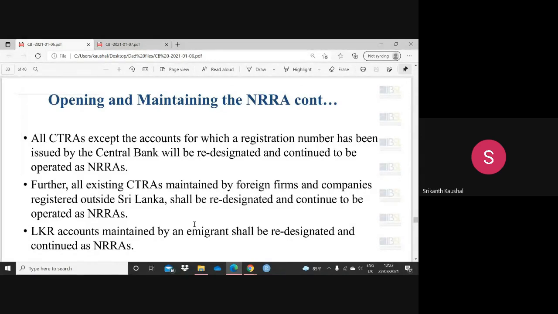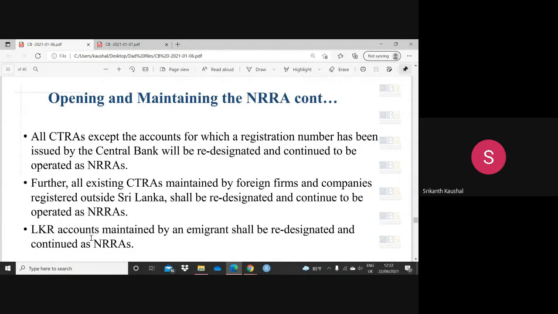So other than CTRA, let's say you have 10 accounts, all 9 except one CTRA can be NRR. There's no point maintaining a number of CTRA accounts, because one CTRA is sufficient for you to take remittances. So the remaining accounts will be NRR.